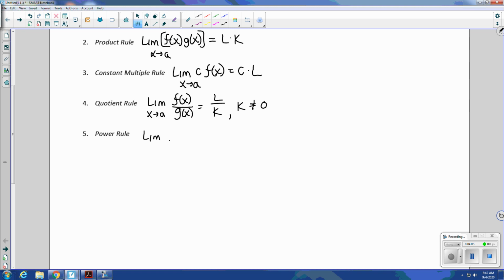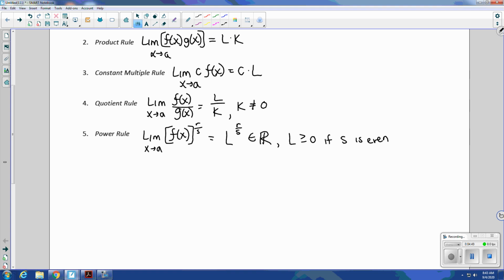If we have to take the limit of a function raised to some rational power, to consider all possibilities, then this will equal the limit raised to that same exponent, as long as this answer is also a real number, and the way that's going to be a real number is if the following is true: L needs to be a non-negative number if we have a scenario where the denominator of the exponent is even.